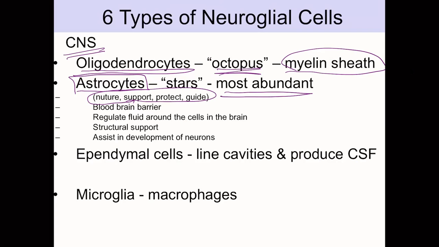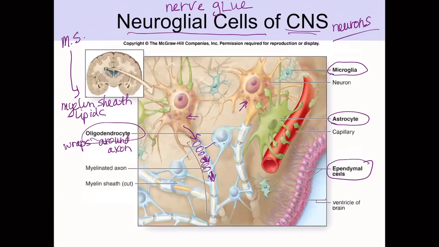They're gonna regulate the fluid around the cells in the brain. They're gonna be part of the blood-brain barrier. They're gonna provide structural support, and they're like nannies maybe, or parents. They're making sure that the neurons have what they need to survive. Okay, so astrocytes are the green ones on here.